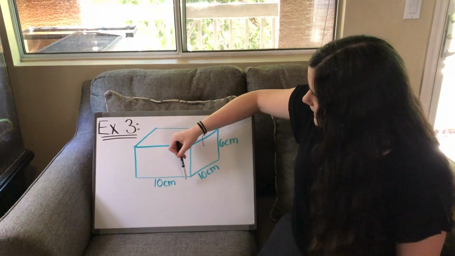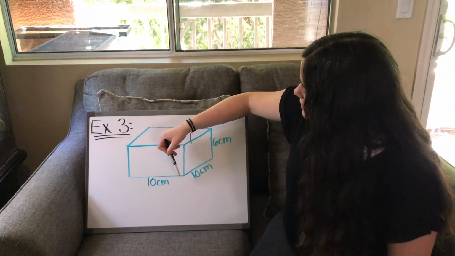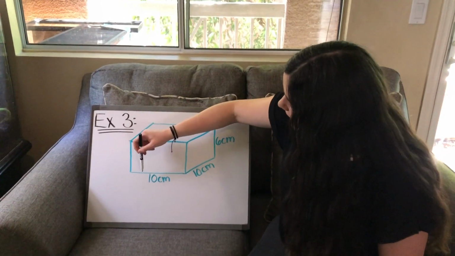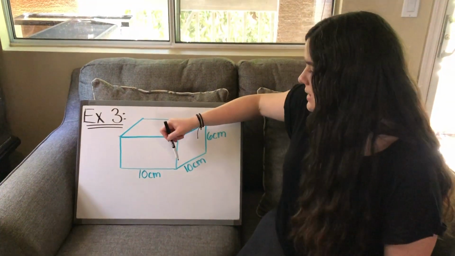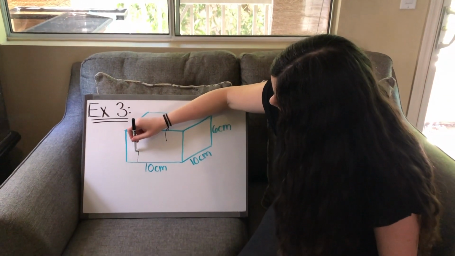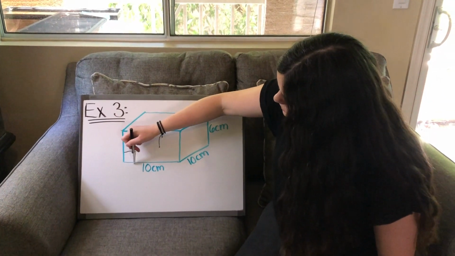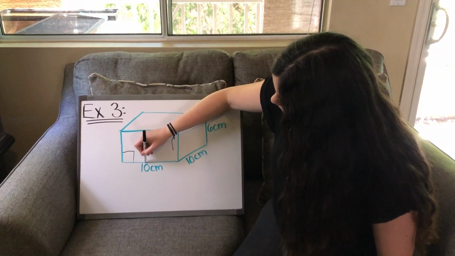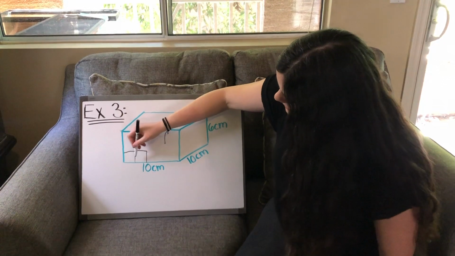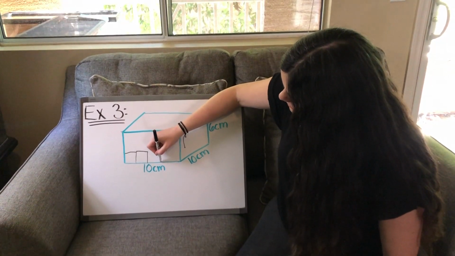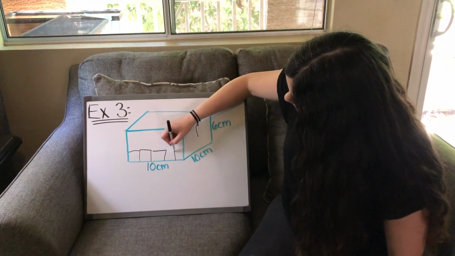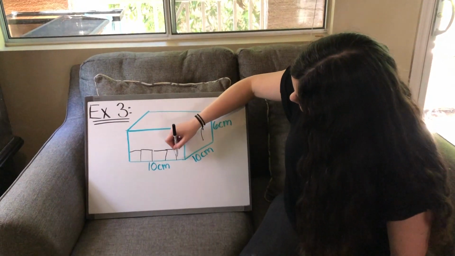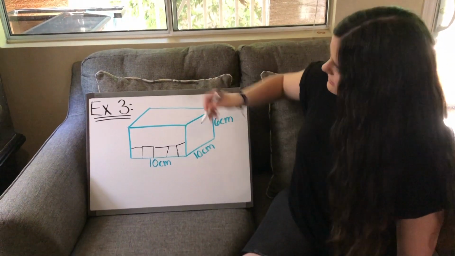So if we have a 10 centimeter length here in our rectangular prism, how many 2 centimeter cubes could we line up there? If we laid one down, that would be 2 centimeters in this direction. We could fit a second, that would be 4 centimeters, 6 centimeters, 8 centimeters, and 10 centimeters.